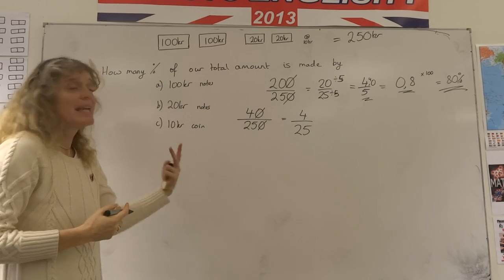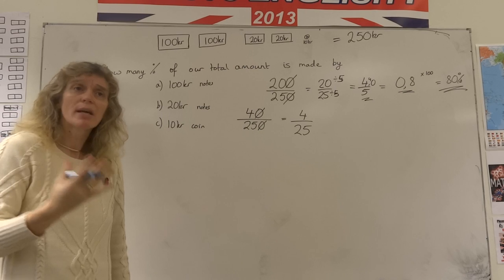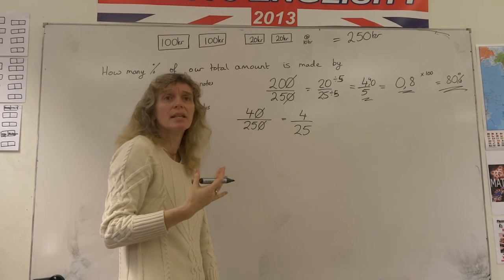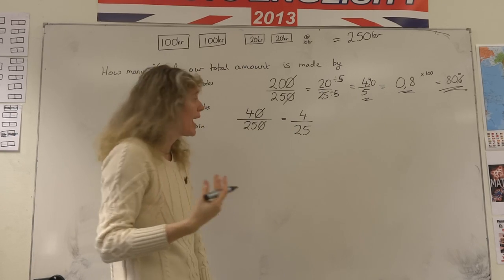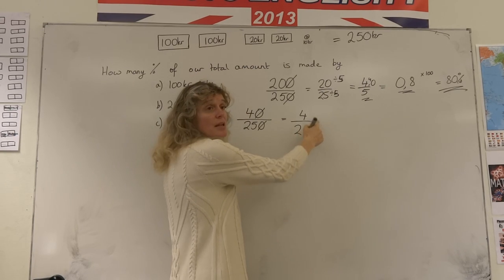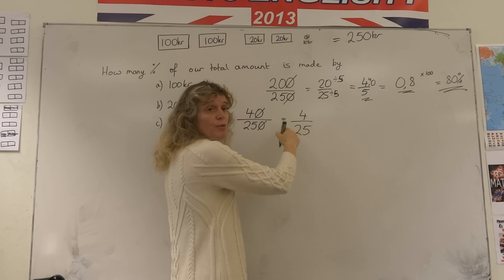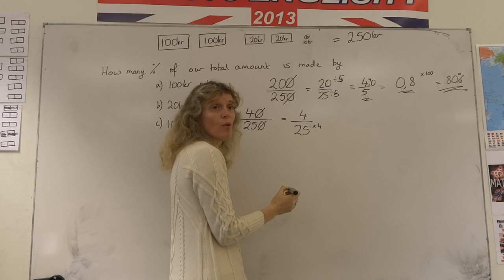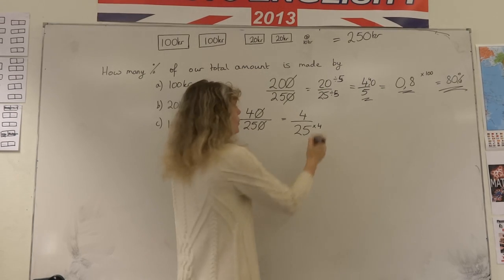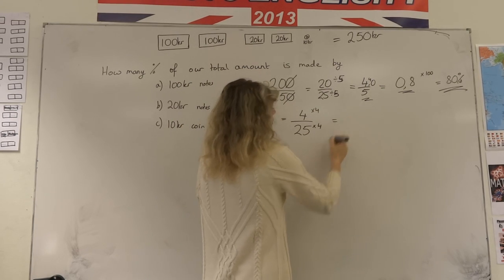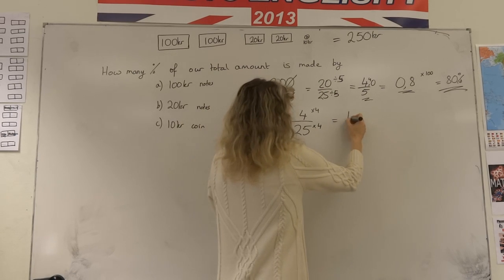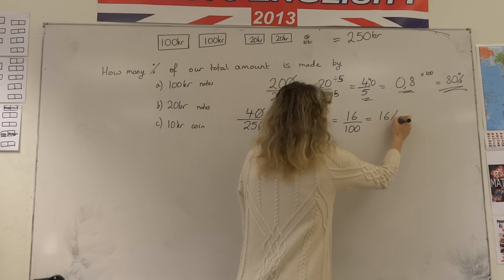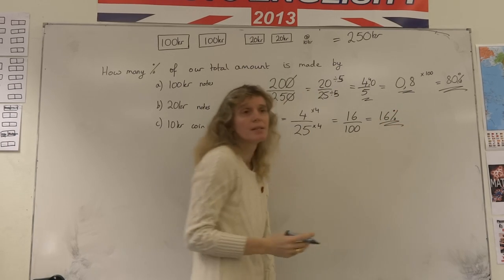Now that's not very easy to simplify anymore, but there's a special rule when we get 25th on the bottom, because if we want to find the percentage, you get the percentage directly if you can take this number and turn it into 100 on the bottom, remember? And we can do that quite easily by multiplying 25 by 4. That would give us 100 on the bottom. So what we would do is multiply top and bottom by 4, giving us 16 100ths, which is the same as 16%.